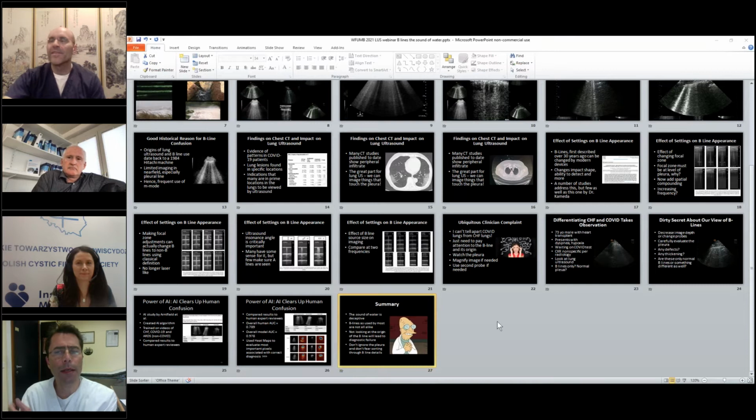Yes, if you can give us more details about the scoring system. You said up to 3, so 0 is completely normal. 1 is when you start seeing more than 3 B lines, or how do you assess the score? 0, 1, 2, 3 in each zone, I guess.